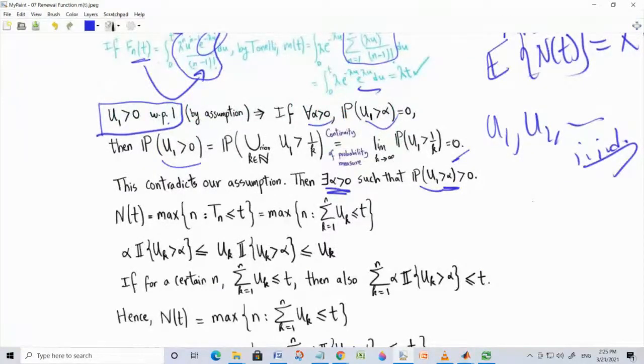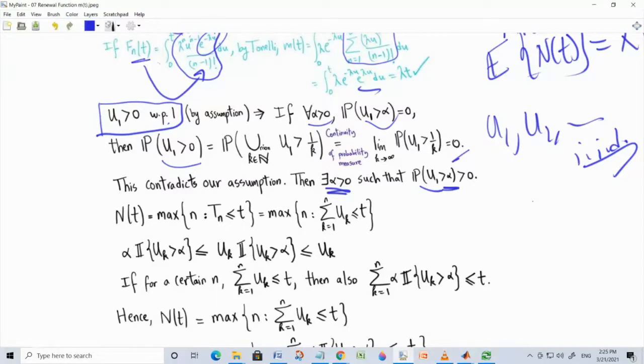Okay, so what we will do is something that is so cool. We will take N(t) and upper bound N(t) by a random variable that is known to have finite moments. So the trick here again is that once you fix a t, N(t) is a random variable giving you the number of arrivals from 0 to t.